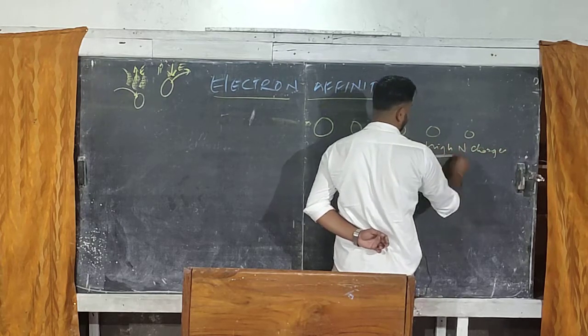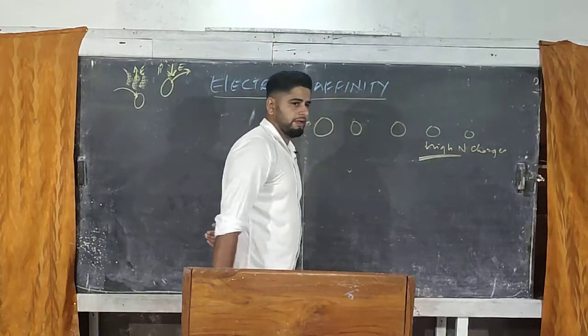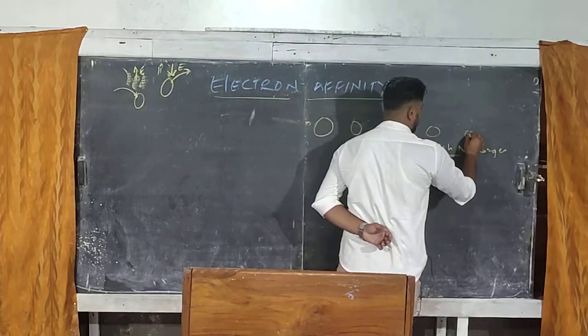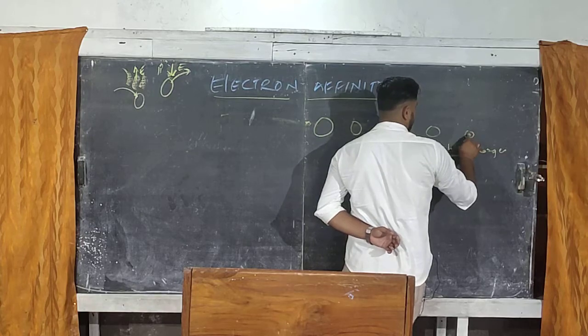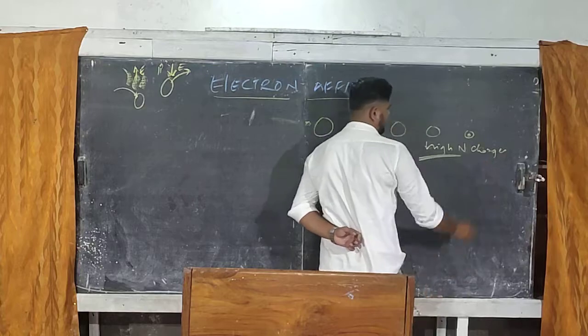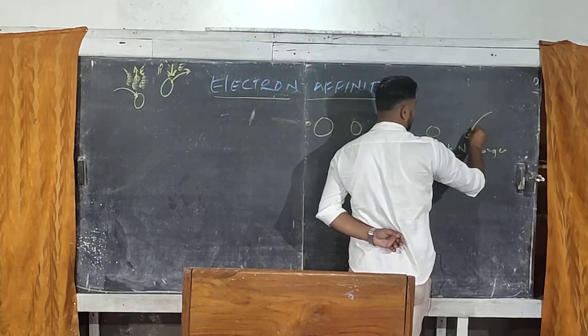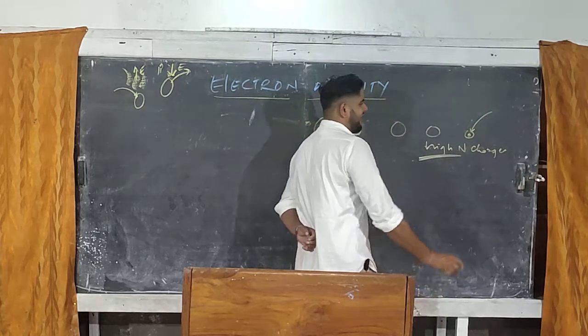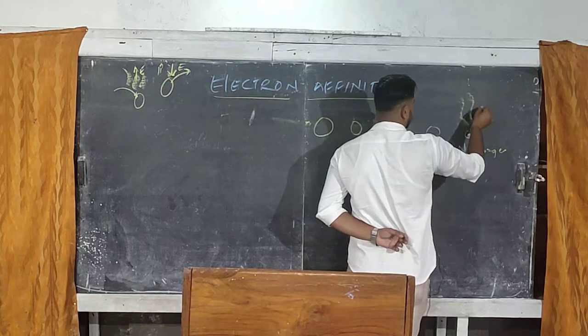Nuclear charge means the attraction between the nucleus and the outermost electron. If this is so, then addition of an electron is easy and energy release is more.